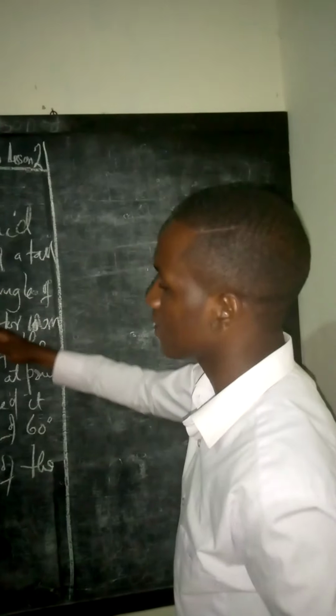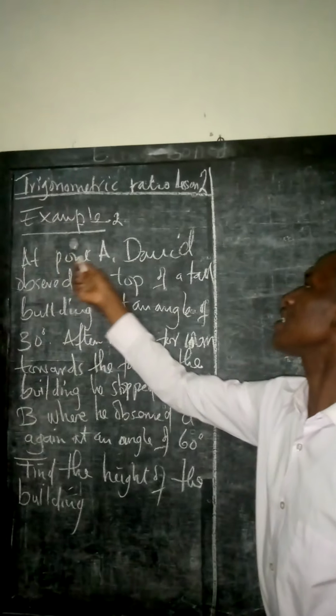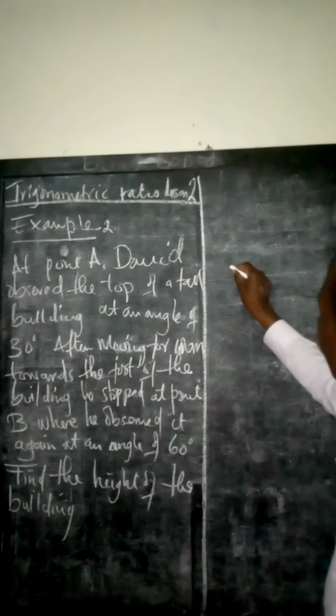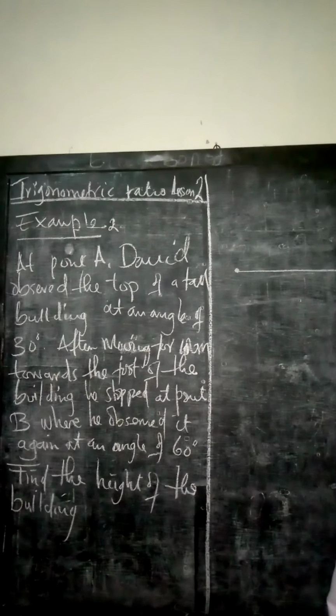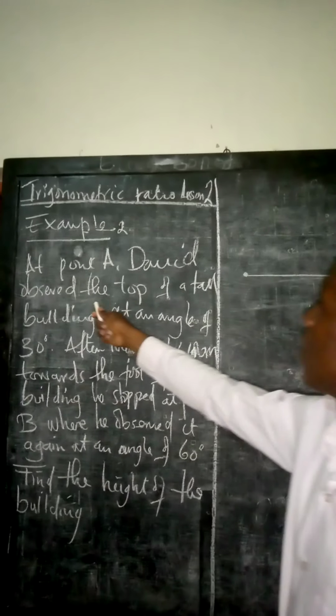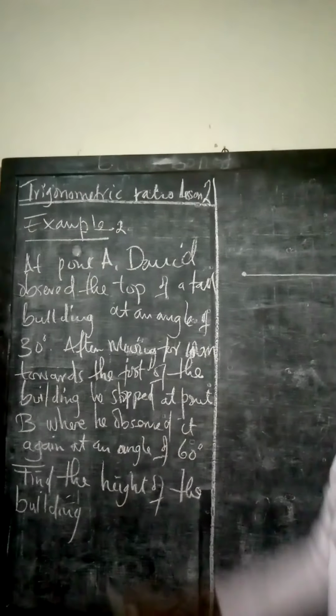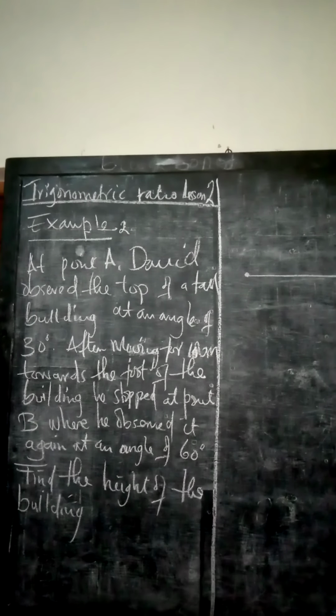We analyze it step by step, and we can start from here where we are told it is a point David. So David is standing at a point. Of course, this is a horizontal floor. Then we are told he observed the top of a tall building. A building is something that is vertical, and we are told it is tall.